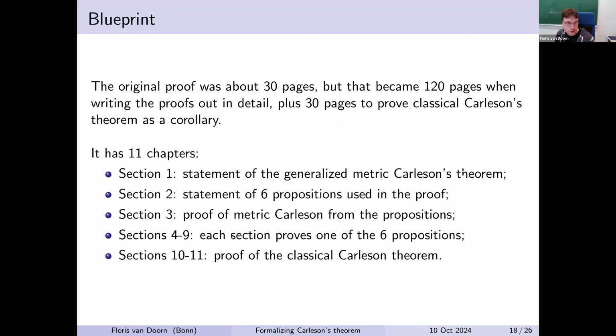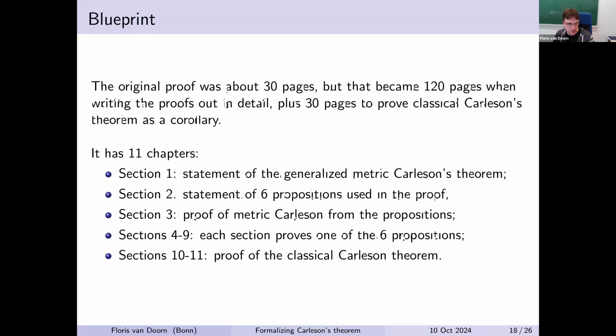It's a non-trivial proof. It was originally 30 pages in the paper, but in the blueprint that became 120 pages. We also added two chapters, 30 pages, to prove the classical Carleson's theorem from the 60s as a corollary of this general result.